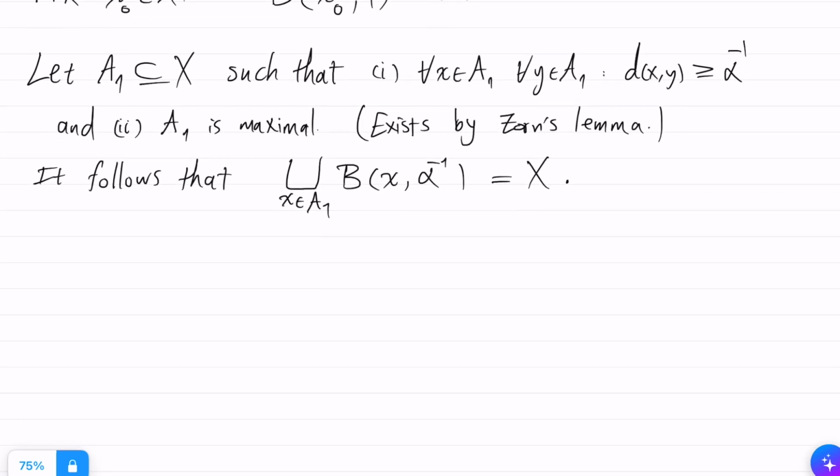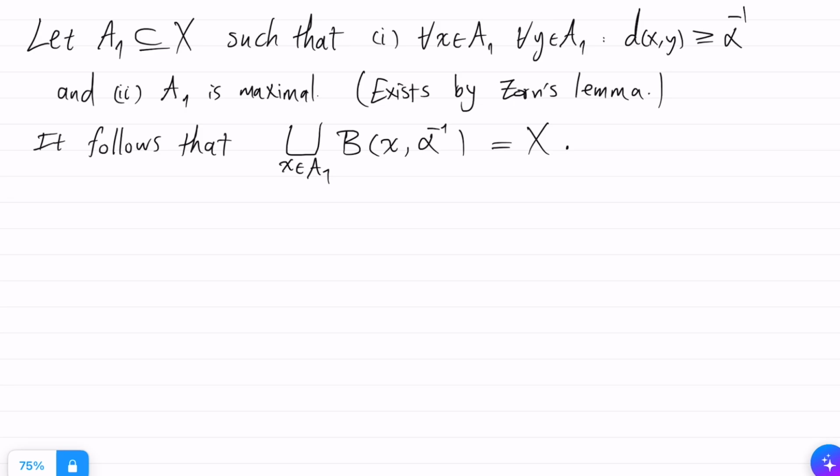Now, we would like to think that A1 is kind of a net, a discrete net of points inside the metric space X, but let me remind you that this doesn't have to be the case.